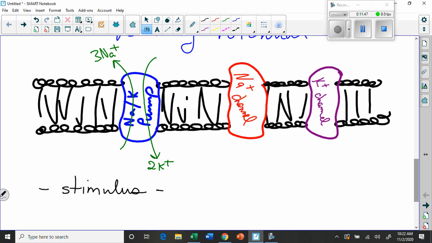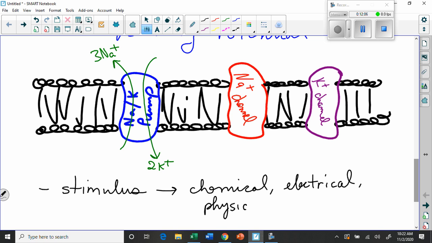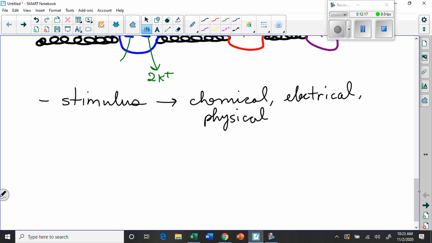The stimulus could be chemical, could be a concentration variation, it could be electrical, it could be a voltage stimulus, in other words, charged ions in different concentrations. It even could be a physical stimulus, where there's a physical pushing or pulling on the membrane that deforms it. But no matter what, essentially the membrane is disturbed. So what we want to say here is that the stimulus disturbs the membrane in some way.